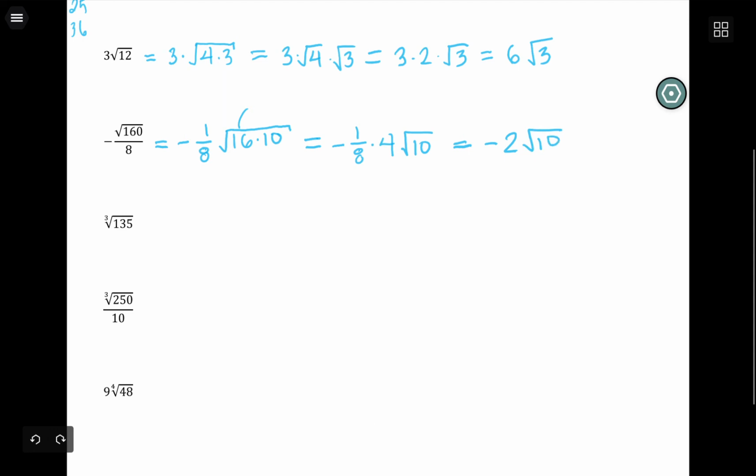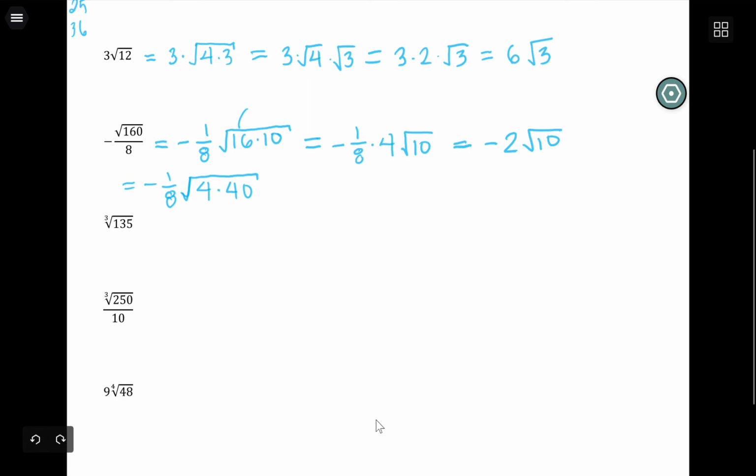And then you want to ask yourself, I haven't been good about this so far because I gave us nicer ones to start with, do I have any more factors that are perfect squares? And I don't. 10 breaks down to 2 and 5, no perfect squares, but you should ask yourself that because we might have gone with my first statement that, oh, 4 is a factor of 160. 4 goes into 160 40 times.